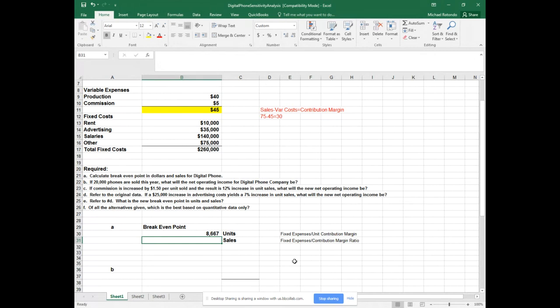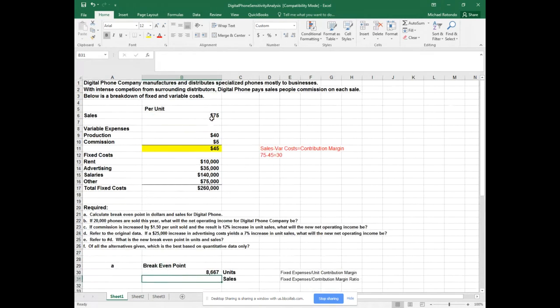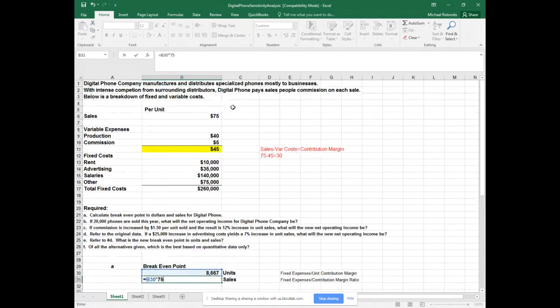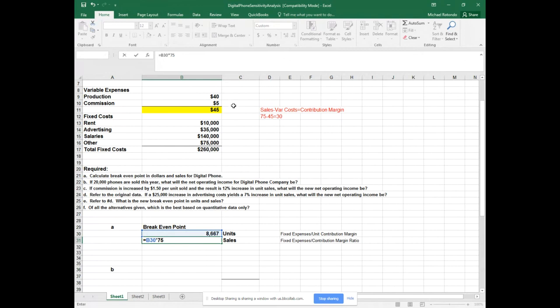An easier way to do it might be to just take the sales price and multiply it by the number of units we need to break even. So if we were to take the units and multiply it by the $75 sales price per unit, we should come up with $650,000. So in order to differentiate this, we should make this currency style.